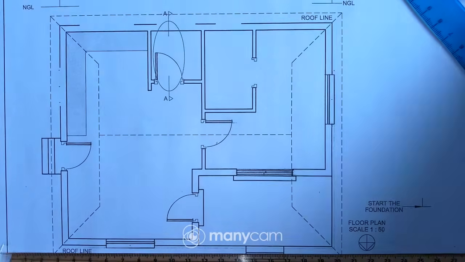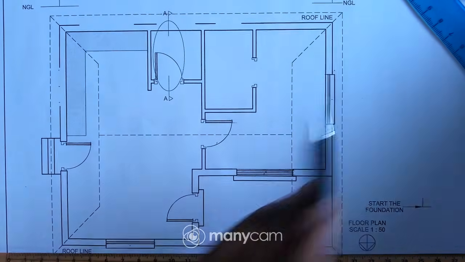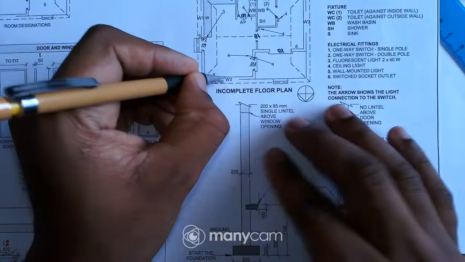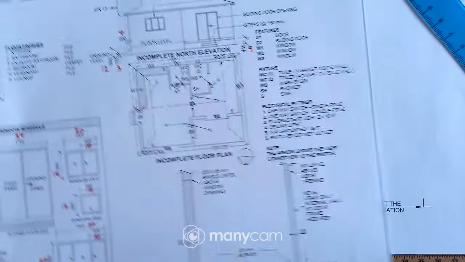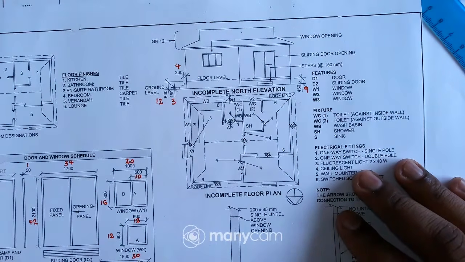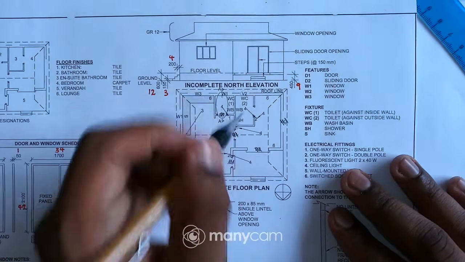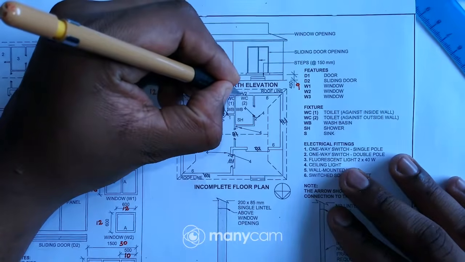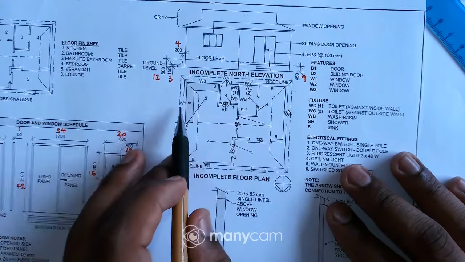Already I've added this window and that window over there. So that means it's window 3. This one, I'll just cancel that one, and also that one there. Okay, so now I'll just try and add window 2. There's an error there, so it's W2 there. It's window 2, window 1, window 3, window 1.